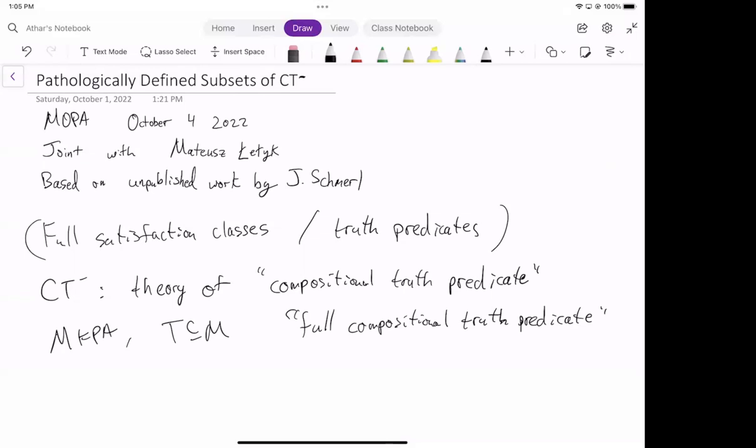A lot of what I'm going to say today is essentially due to Jim Schmerl, rephrased in certain ways. It boils down to ideas that Jim Schmerl communicated to Ali and me about 10 years ago, and I don't think it was ever published. So we unearthed that and started thinking about some of these questions.